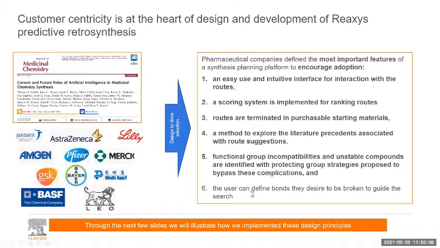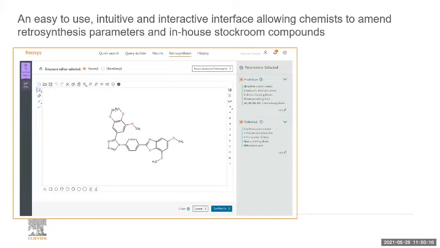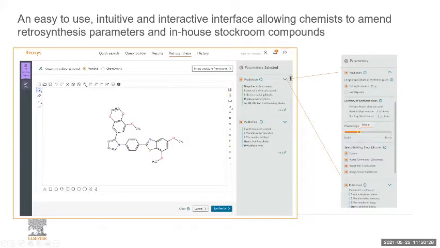So what will be released at the end of June is this: if you purchase predictive retrosynthesis, it will be integrated in Reaxys. It will have an easy-to-use interface, and users will be able to easily edit parameters and add their custom library building blocks.